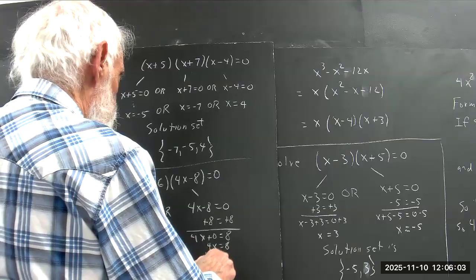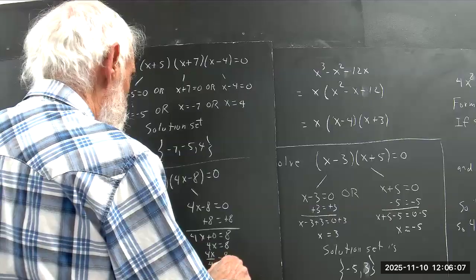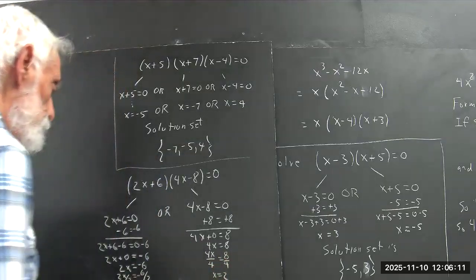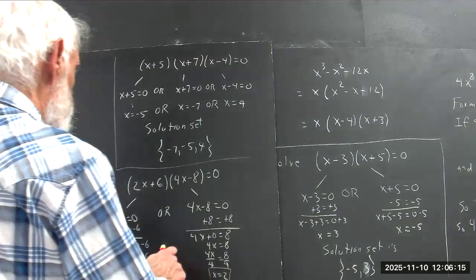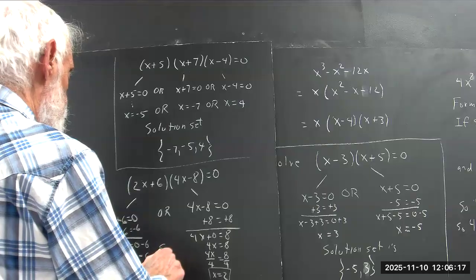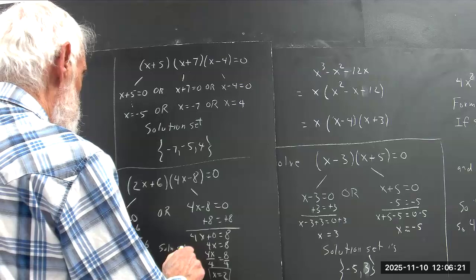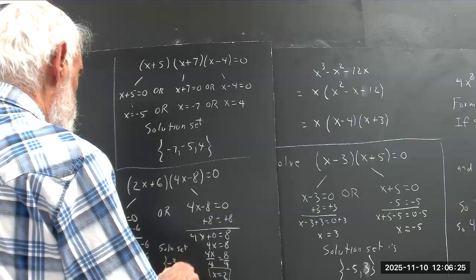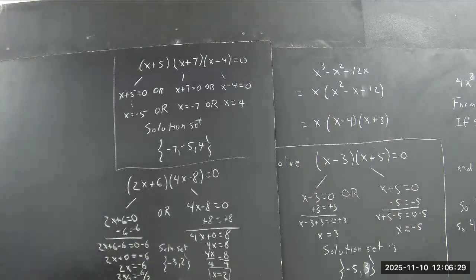So 4x over 4 equals 8 over 4, and x equals 2. So our solution set consists of two numbers, -3, 2.